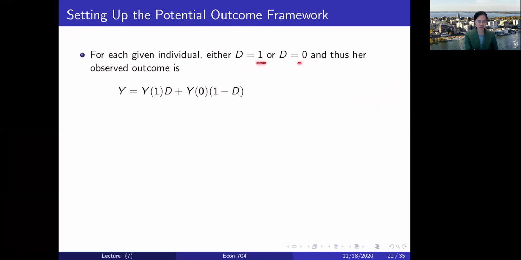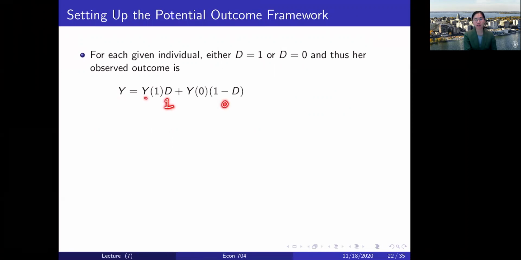So even though the individual has two potential outcomes, only one of the potentials is realized. And that realized outcome is the outcome that we eventually observe in the data set, and we denote that by Y. Is this outcome the treated outcome or the untreated outcome? Well, it depends on whether the person was treated or not. If the person was treated, D equals 1, Y equals Y1. If D equals 0, Y equals Y0.